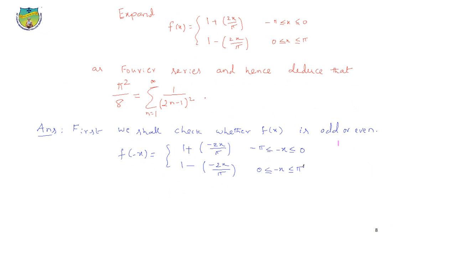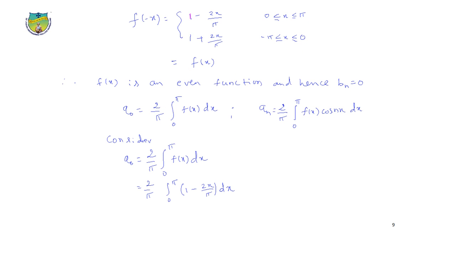At this point, I can write this as 0 less than or equal to x less than or equal to pi, and this as minus pi less than or equal to x less than or equal to 0. So we get the first definition as 1 minus 2x by pi between 0 and pi, 1 plus 2x by pi between minus pi and 0. But this is same as the given function f of x. Therefore, f of x is even.